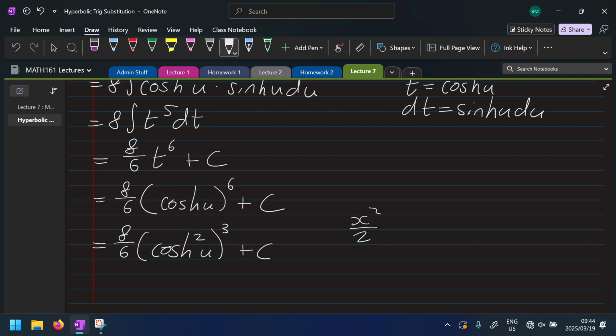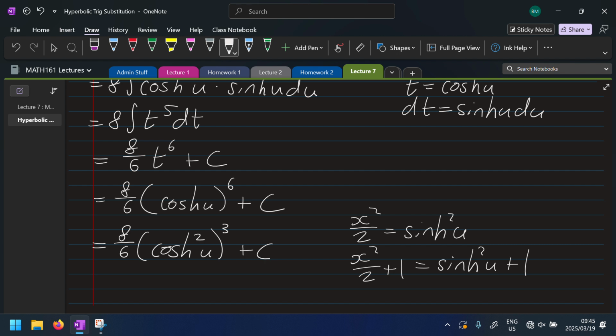So let's put it all together. x squared over 2 will be sine hyperbolic squared. Now we want to change from sine hyperbolic squared to cos hyperbolic squared, so we add 1 on both sides. x squared over 2 plus 1 is going to be sine hyperbolic squared u plus 1.